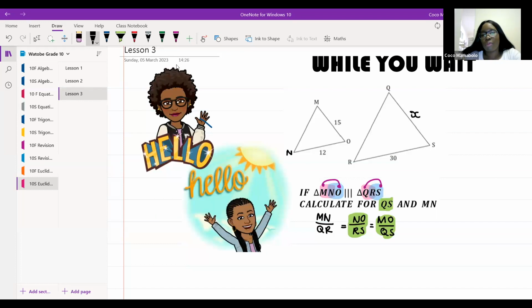NO is 12. Good. So 12 over RS, which is 30, is equal to MO, which is 15, over QS, which is X. What's my next step?